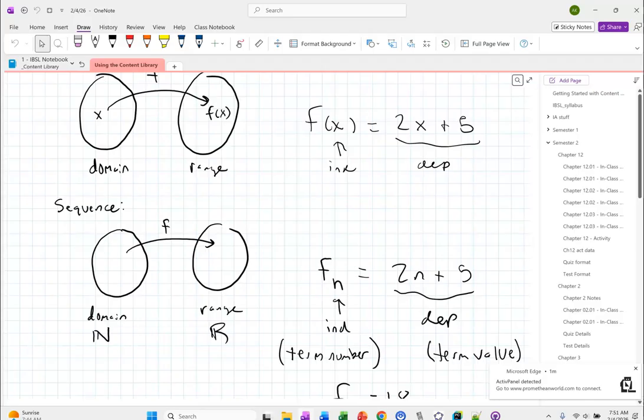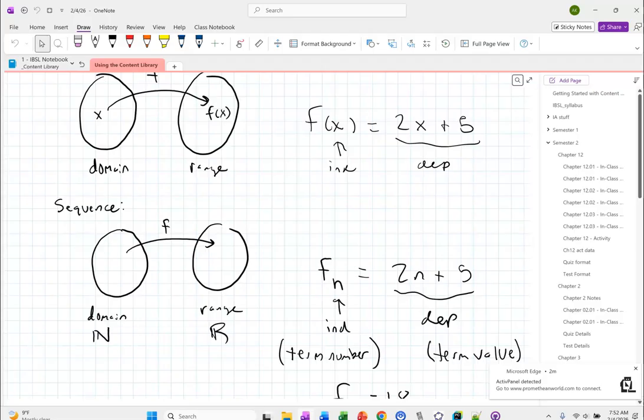In some contexts, the natural numbers will include 0, and sometimes it won't, because why would we do anything consistent, right? So a sequence is a special type of function where the domain is always going to be the natural numbers, and the range can be any subset of the real numbers. So you can get decimals and stuff as your outputs, that's fine, or irrational numbers or whatever.